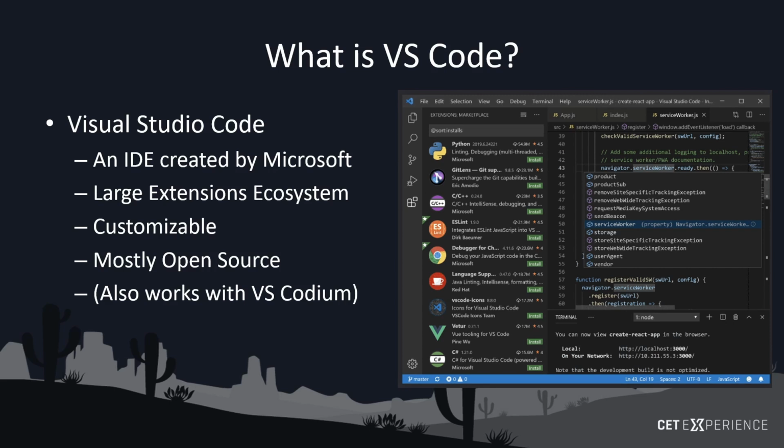It is for the most part open source, but there are some specific bits that get put into the build when Microsoft creates their released version. They add in some telemetry and other proprietary things. There is a truly open source version called VSCodium that will also work, and I know some of the folks at Configura use that tool instead of Visual Studio Code.